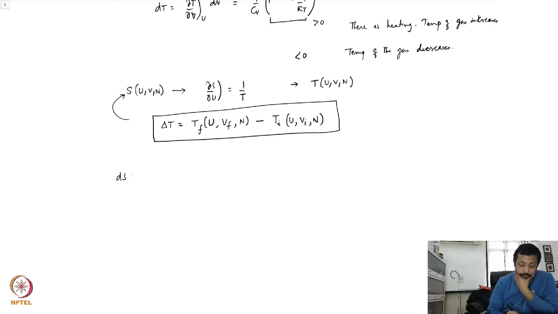So I have the change in the entropy. We follow the same procedure as we have determined the change in the temperature. We write dS as (∂S/∂V) at constant U times dV.